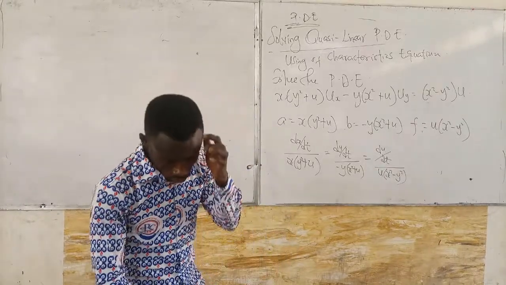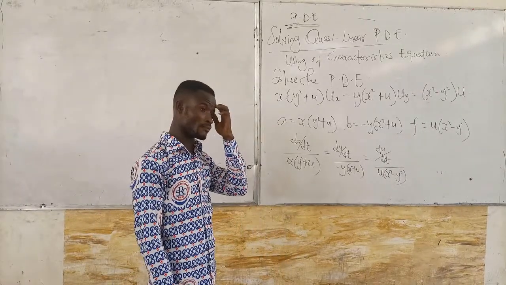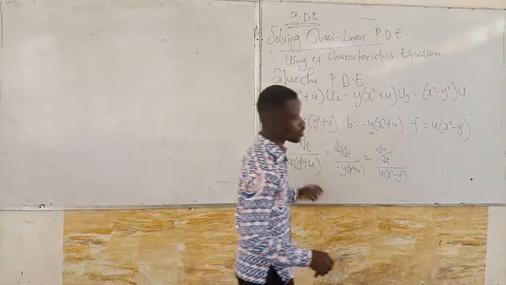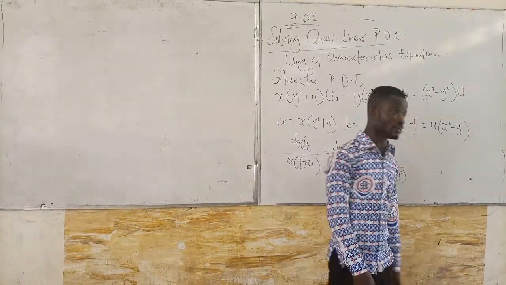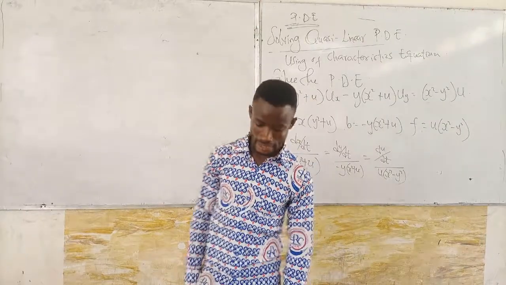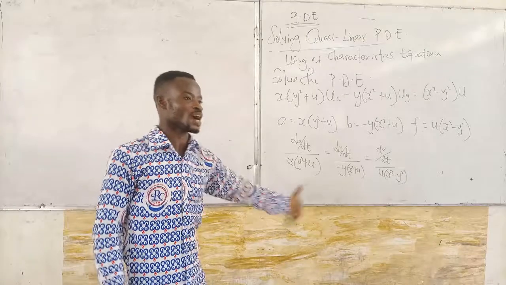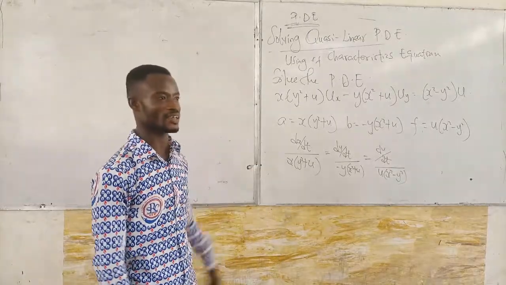Then we continue. Here we are going to form two ODEs. But in the forming, let's check from what you know already. When coming from linear, can you use that?